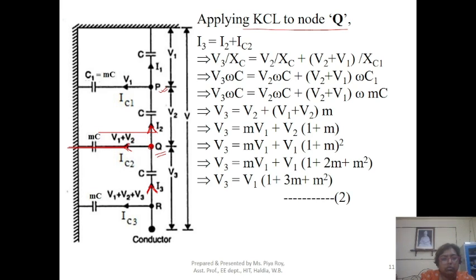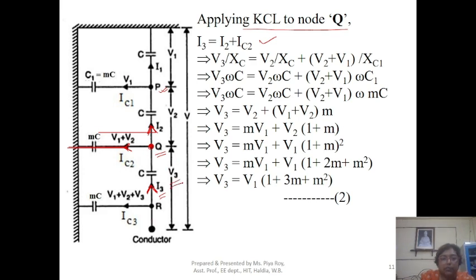So these two. Okay, so just write this expression: I3 equal to I2 plus IC2. So I3 current is here and its corresponding voltage is V3, that is between conductor and Q point.